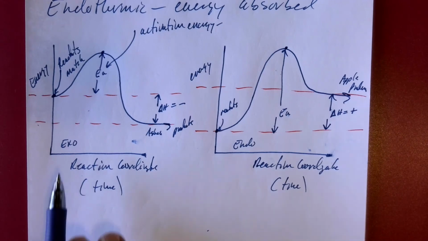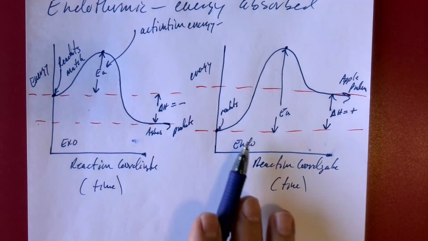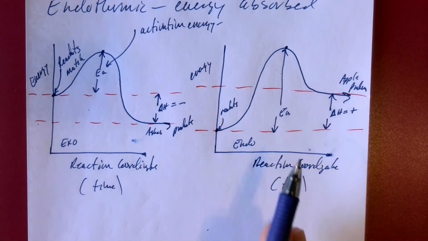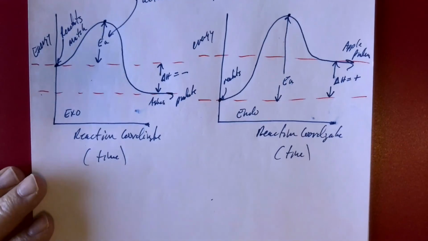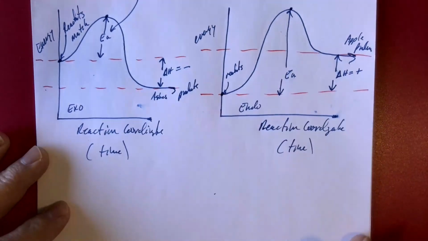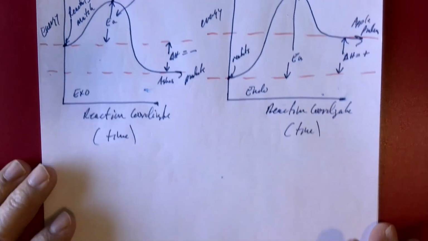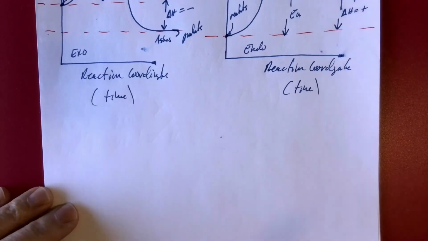So I've got an exothermic reaction and I've got an endothermic reaction. Now, what you're going to see on the test, you're going to see some of these, but the kind of question that I'm the most concerned about on the test is this.